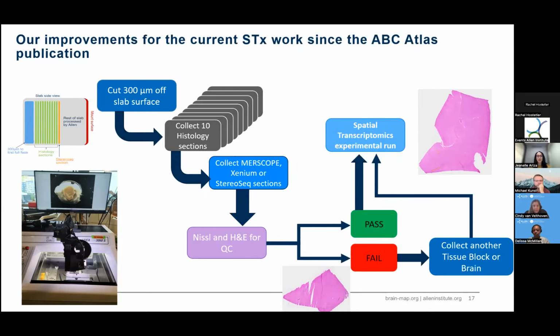And we also collect the Nissl sections that are going to be used for quality control purposes, which we are going to stain with Nissl and hematoxylin eosin. And if those tissue sections pass the quality control, we then deliver those sections to the spatial transcriptomics team. If they fail, we start the whole process all over again with another tissue block or brain.